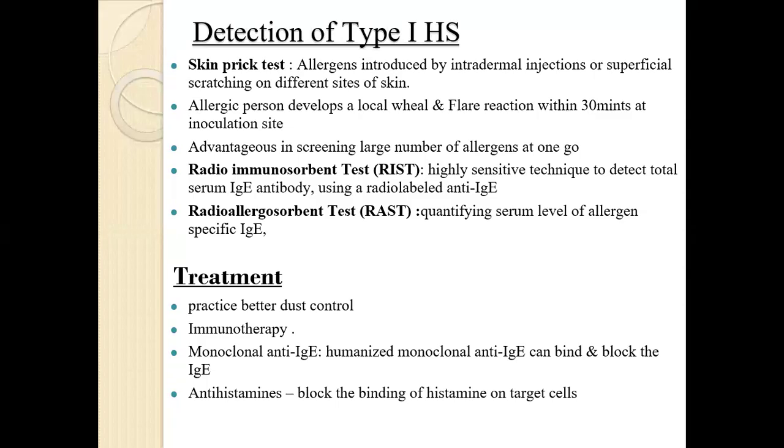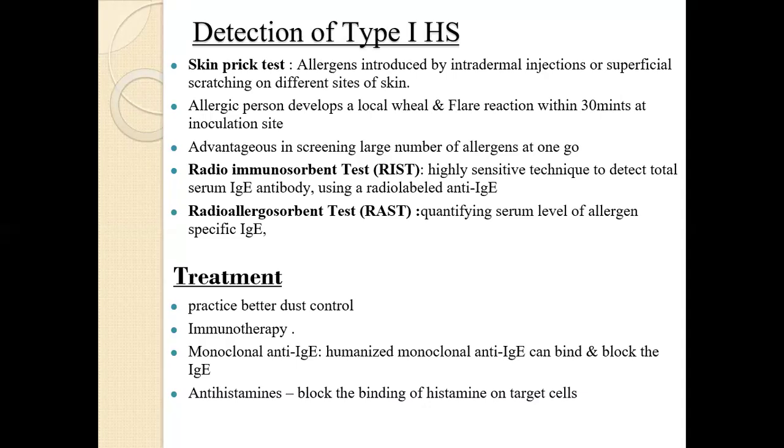Then, to detect type 1 hypersensitivity reaction, certain tests are there. First is the skin prick test, that is, allergens introduced by intradermal injections or superficial scratching on different sites of skin. An allergic person develops a local wheal and flare reaction within 30 minutes at the inoculation site. The advantage of this test is screening a large number of allergens at one go.